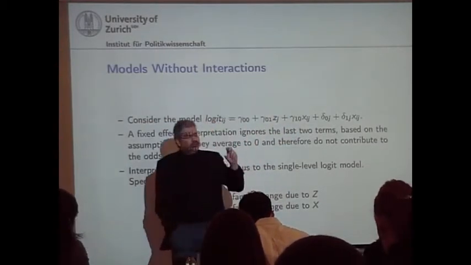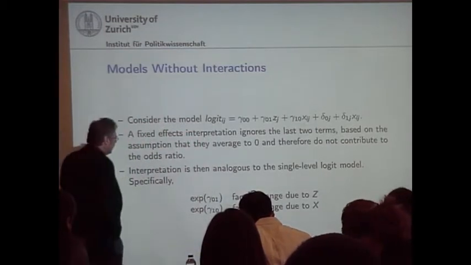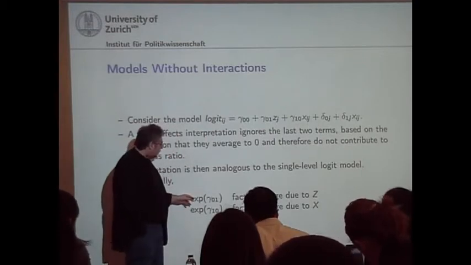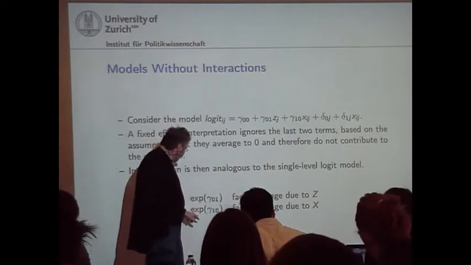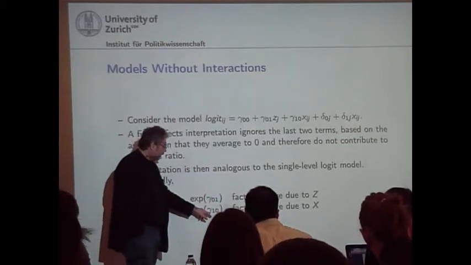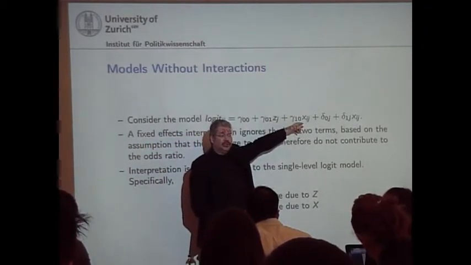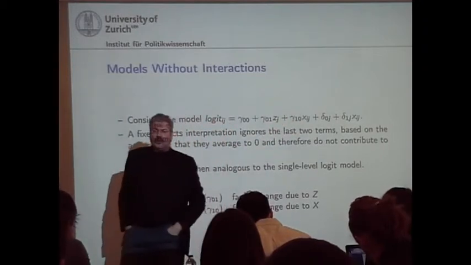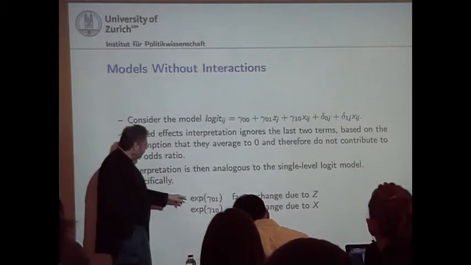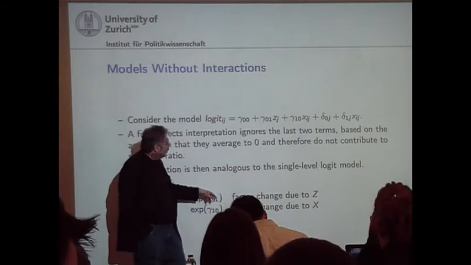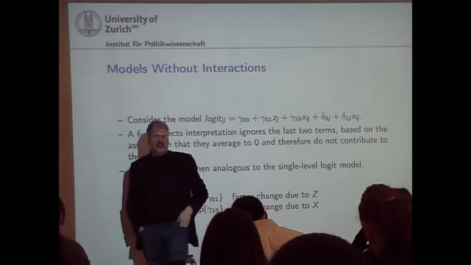And it turns out that when you take the ratio of those two odds, you end up having something really straightforward, which is that the factor change in the odds due to x is simply e raised to the power gamma 1,0, just the coefficient that's associated with the predictor that you're changing. And of course, if you were to change z while keeping x constant, then it would be e raised to the power gamma 0,1, which happens to be the coefficient associated with your predictor z.